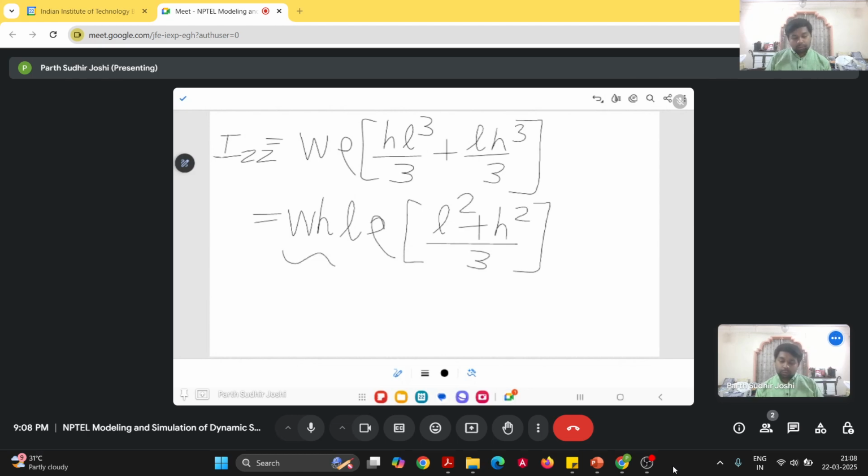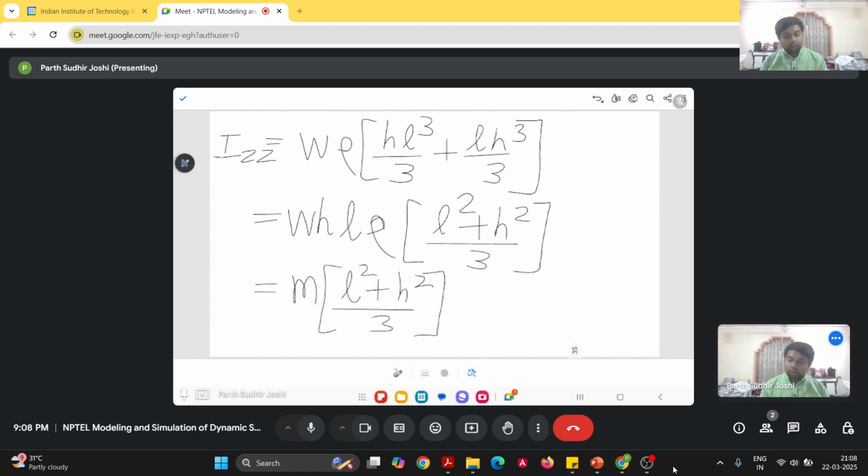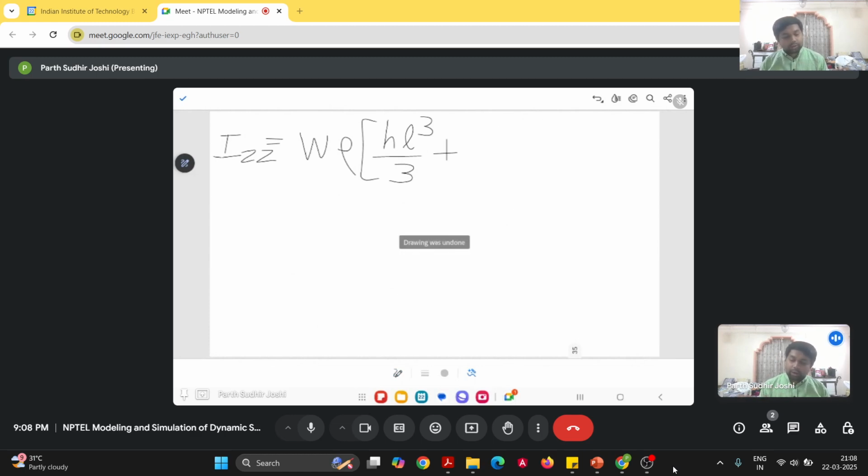So this product w into h into L into rho represents the mass, so it is m into L square plus h square by 3. So this is how we can get the moment of inertia about the axis.